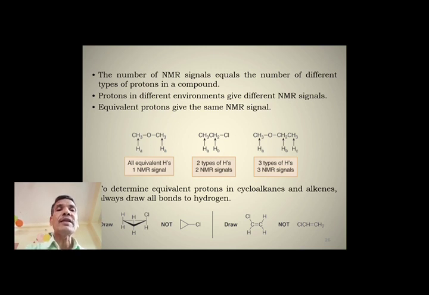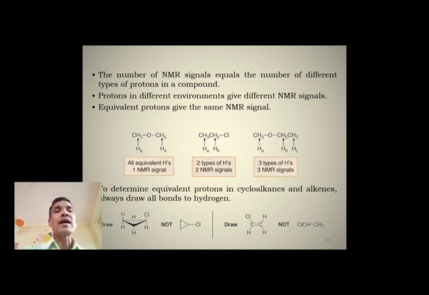The chemical environment of these 5 protons is different and they are grouped into 2 types, that is methyl protons and methylene protons denoted by Hb. So this molecule possesses 2 types of protons and therefore it gives 2 signals in NMR spectrum.